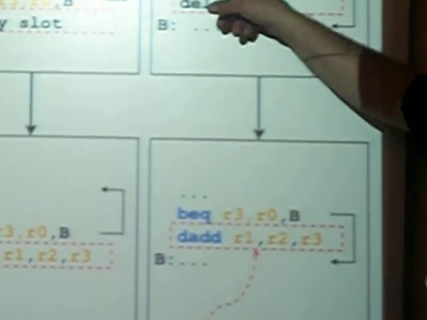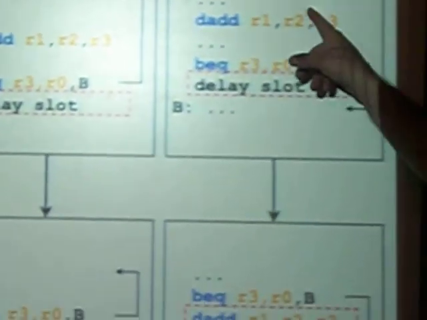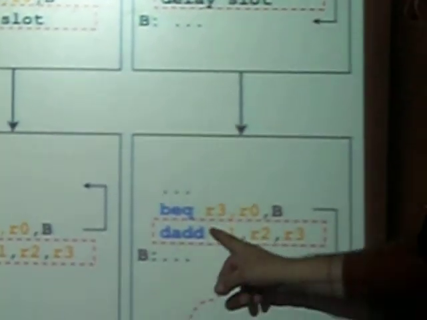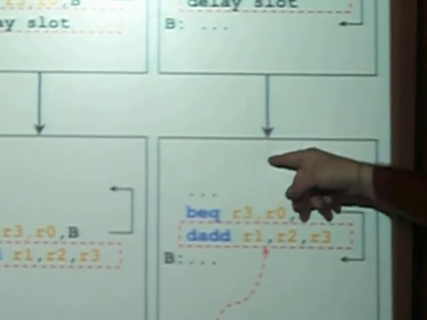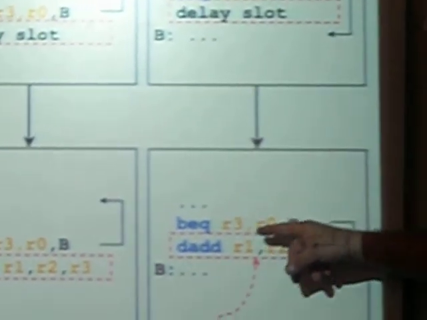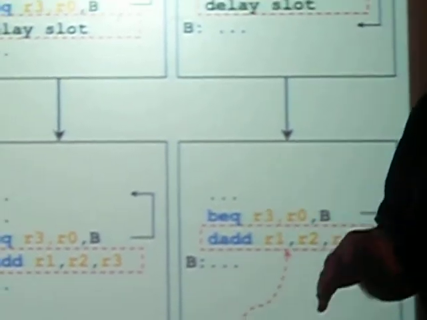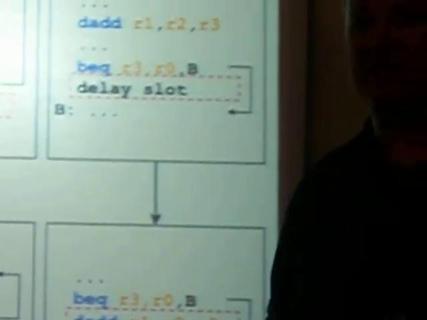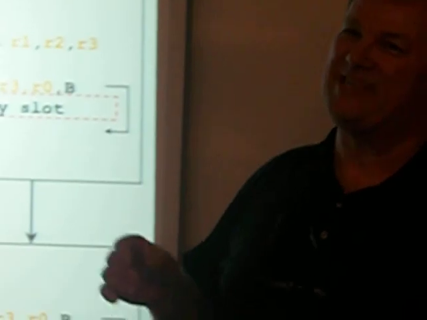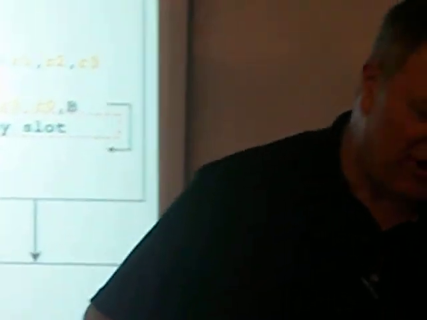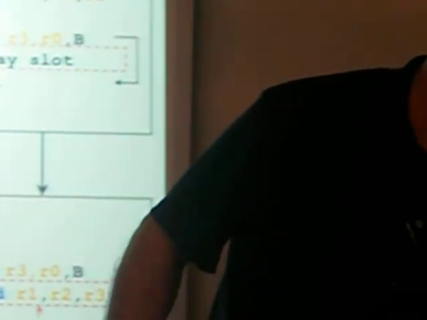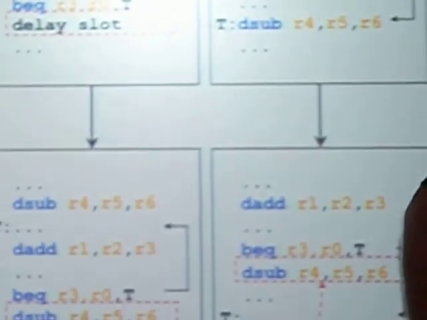I've taken this instruction from before and I've placed it in the delay slot. And the trick, remember this, when you have a branch delay slot, the instruction is always executed. You look at it and you forget that. It's always executed.